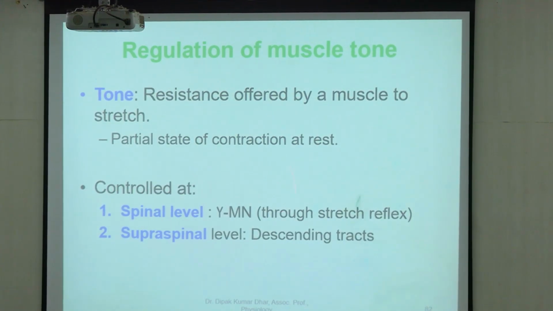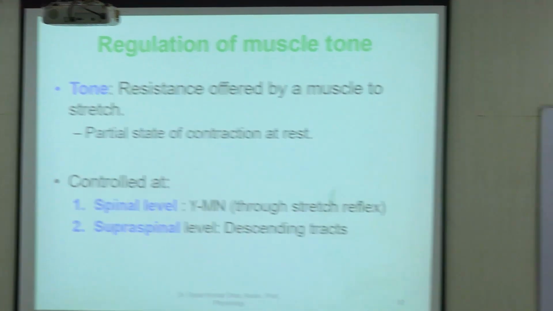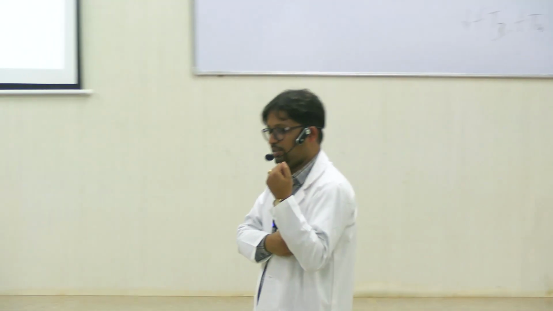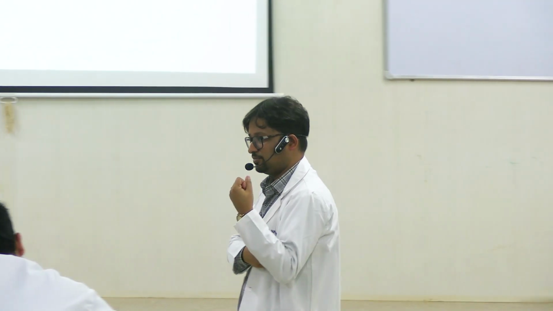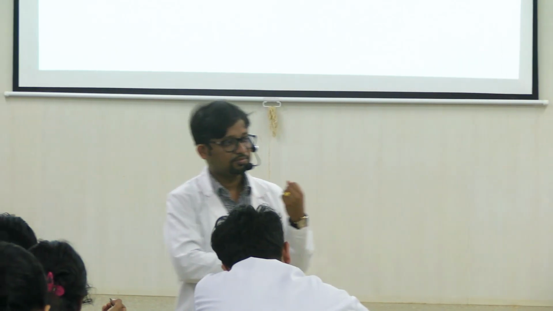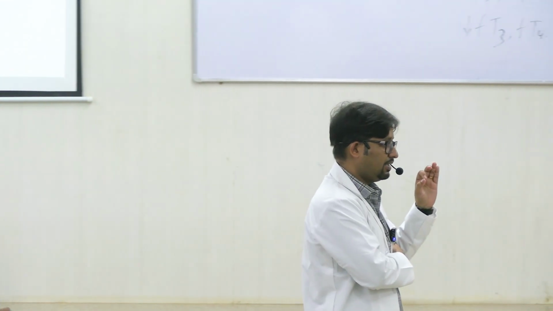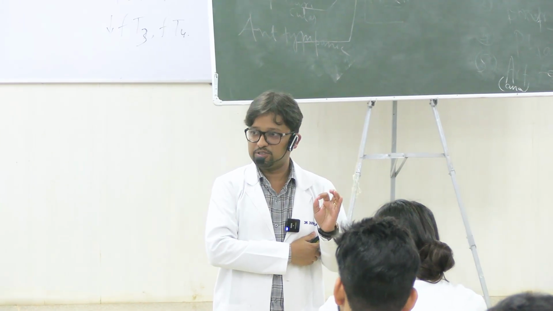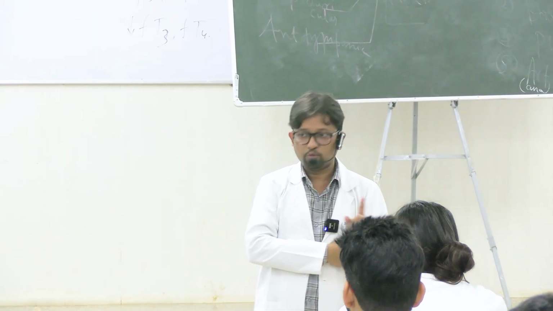So when I say passive stretch, if you flex the elbow joint, right, which muscle is stretched? Biceps or triceps? When you flex the elbow joint, which muscle is stretched? Triceps. So here is an important conceptual point you need to remember when you go in the labs for testing tone.